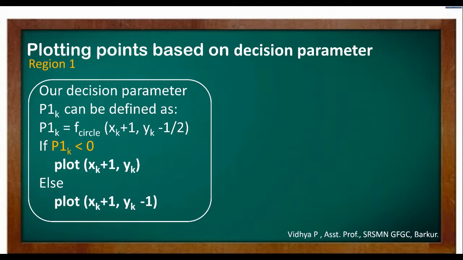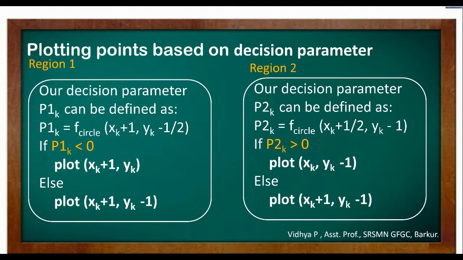In region 2, if P2k, the decision parameter of region 2, is greater than 0, then we plot xk comma yk minus 1, else we plot xk plus 1 comma yk minus 1. So these are the concepts we have to remember when we want to generate the midpoint ellipse algorithm.